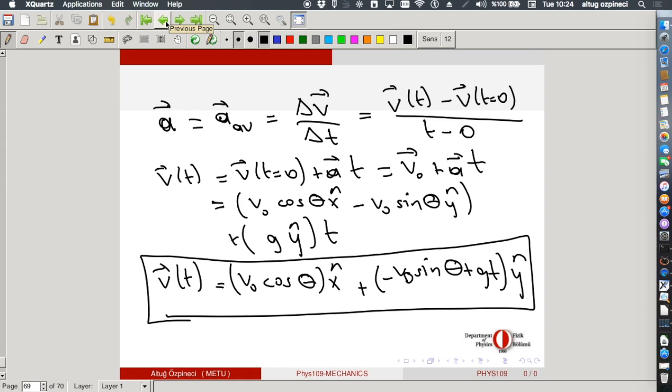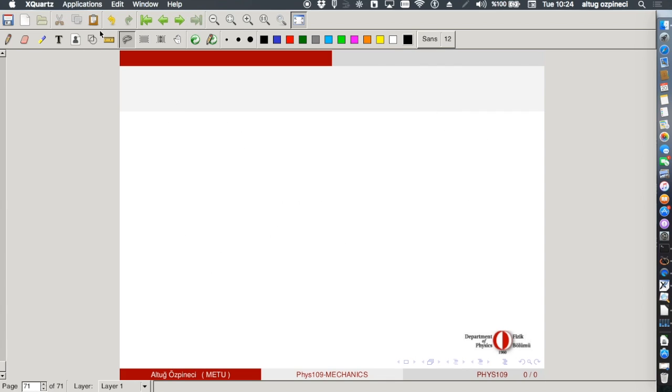So we know that the horizontal component doesn't change. But what about the y component of the velocity? Suppose we just throw this object. You take your object, you throw it in some direction.